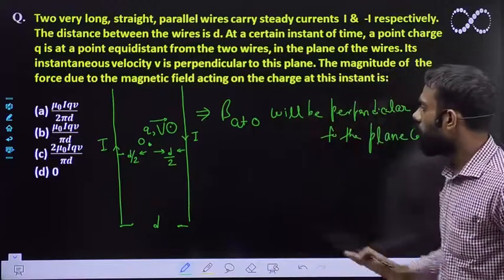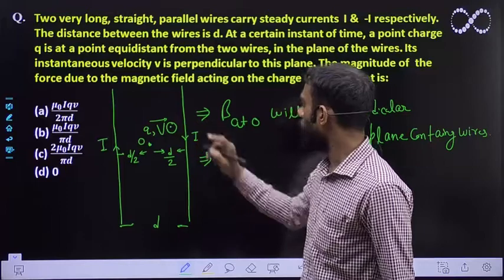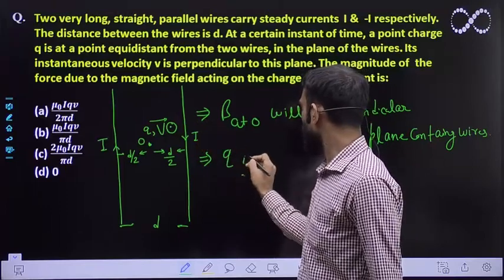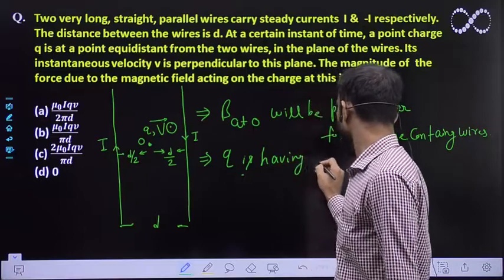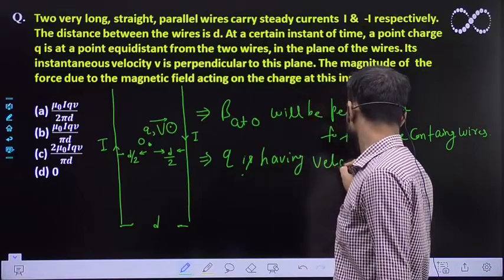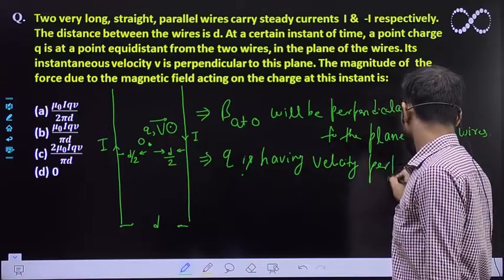Now it is given in the question that Q has velocity perpendicular to the plane.